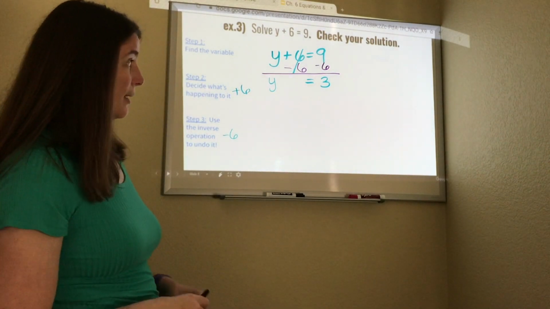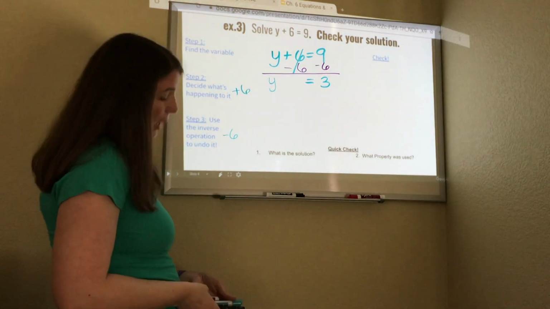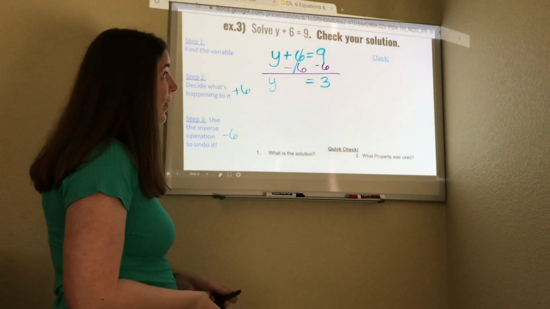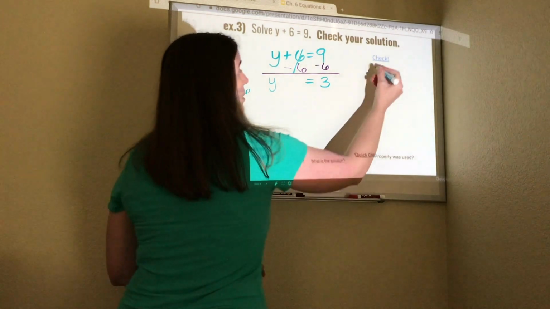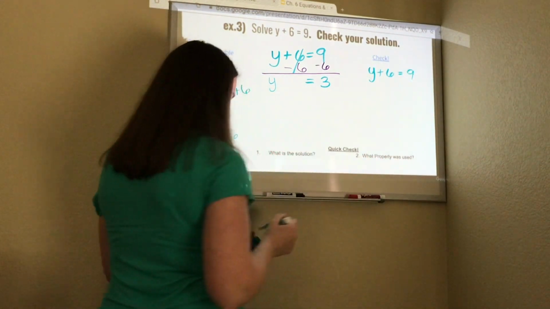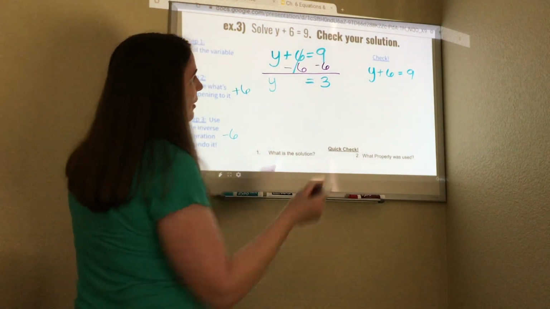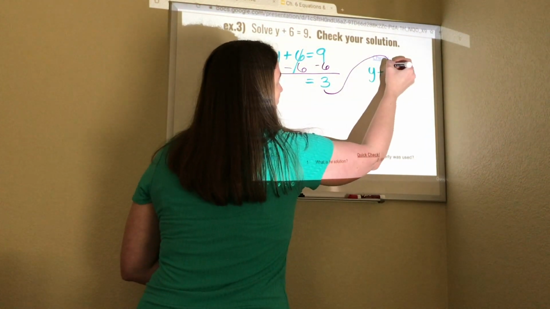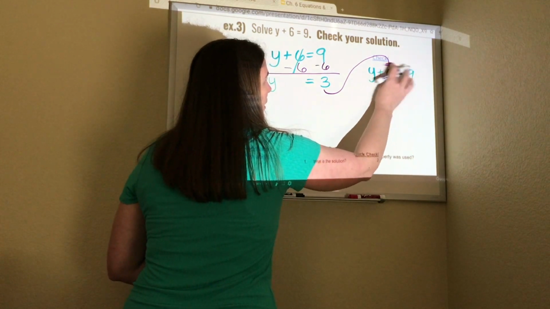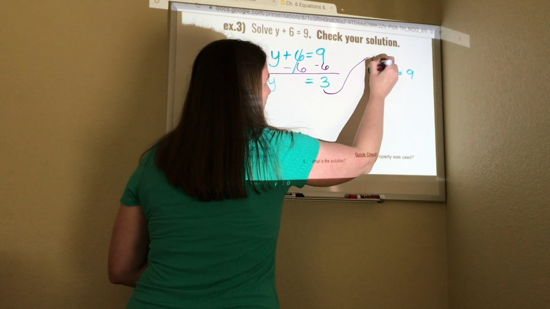I need to check to see if I did it right. So how do I check? I need to rewrite my equation. So y plus 6 equals 9. I'm now going to substitute in the 3. Oops, not the 6, silly me, into the y.